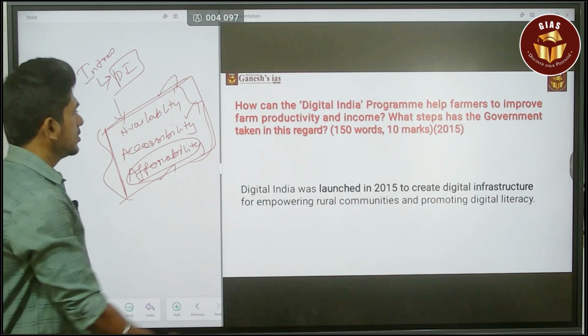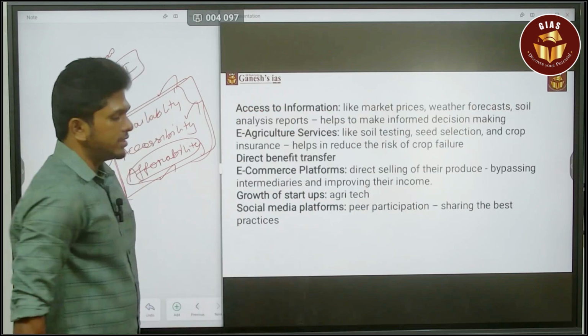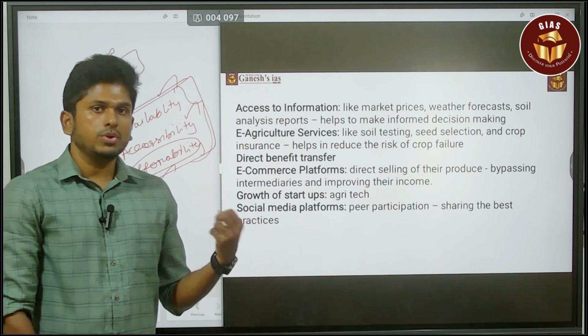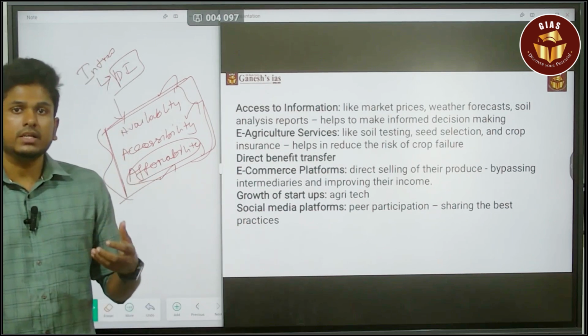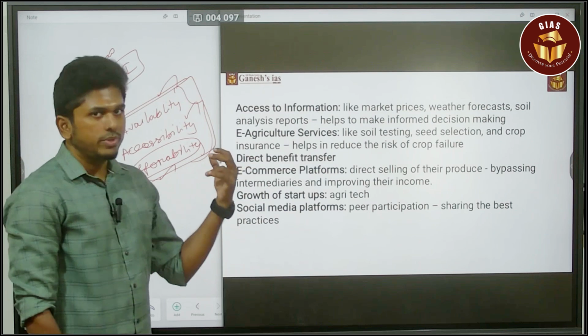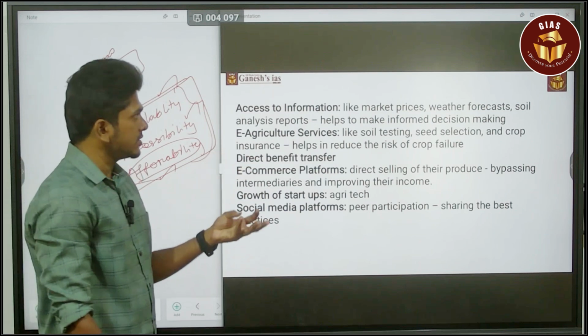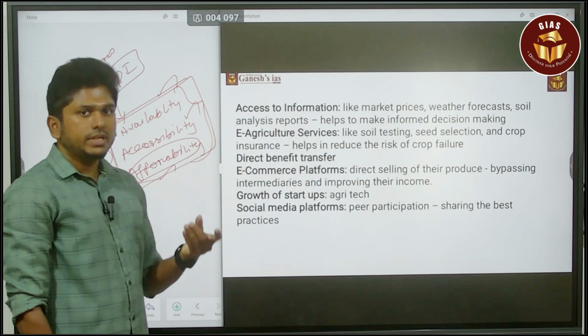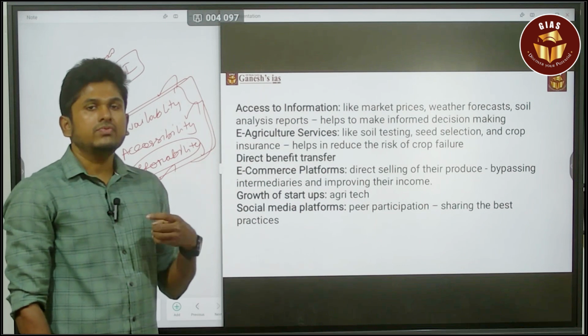Okay, now you have to address the question: how is this Digital India program going to help the farmer with income and productivity? First thing, access to information about market price, weather forecast, and soil analysis report. With that, the farmer can make informed decisions.